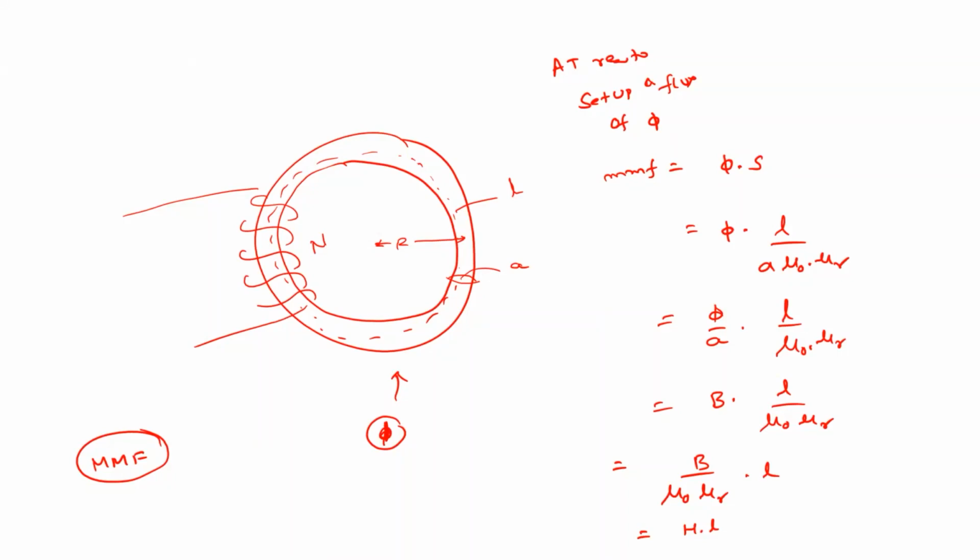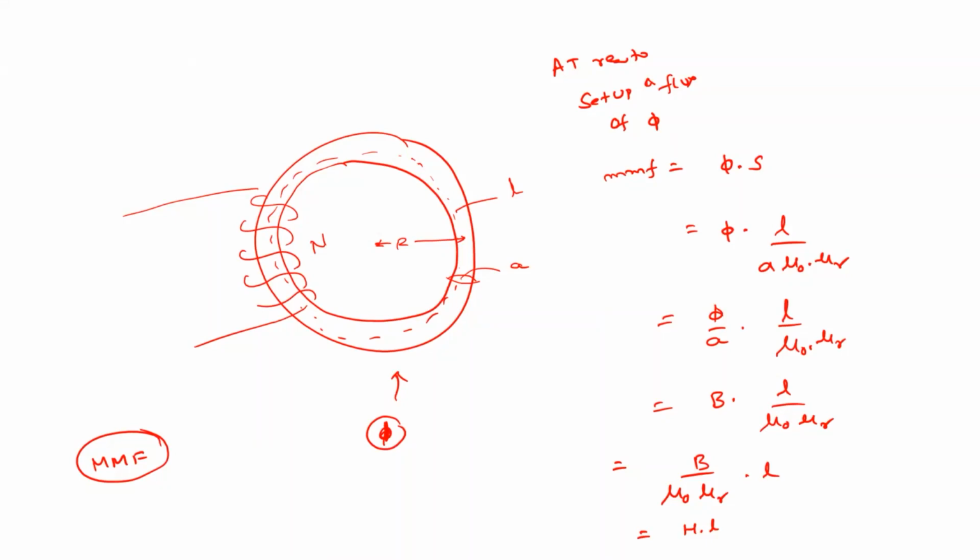Can I move to the next? What is H, sir? Strength of magnetic field, sir. H is the magnetic field intensity or the magnetic field strength. Capital B is flux density.